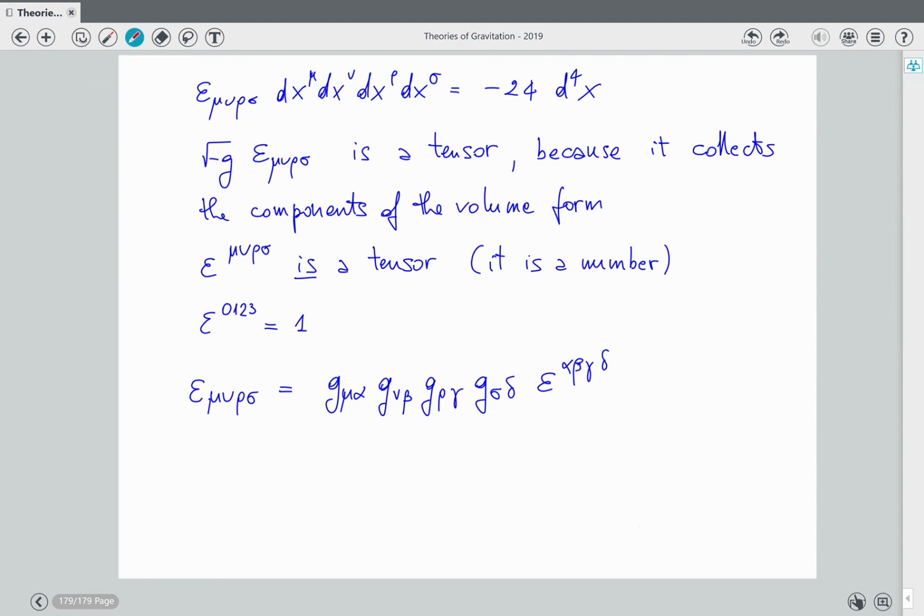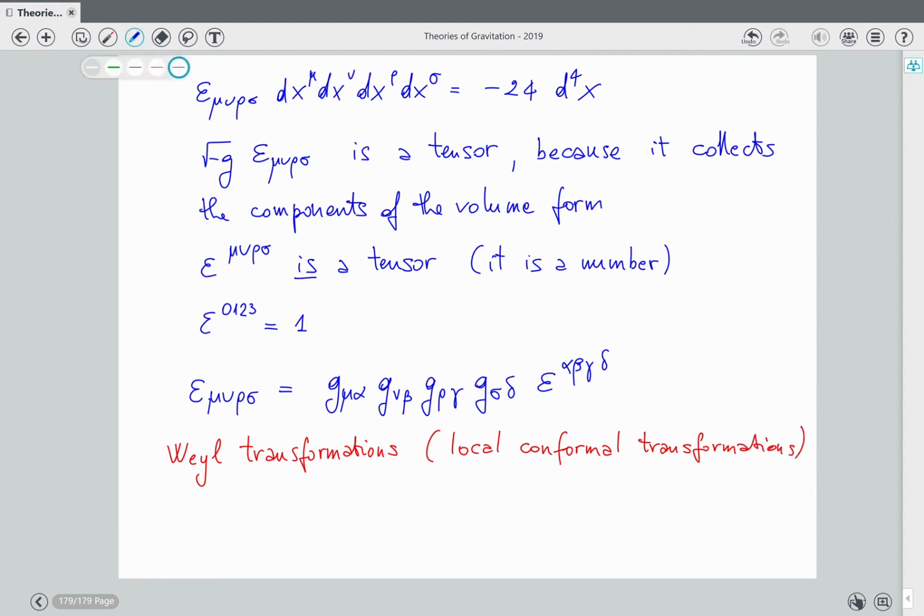And it is invariant, in a certain sense, under what we can call Weyl transformations, which may also be called local conformal transformations, conformal invariance. And this is the following invariance.